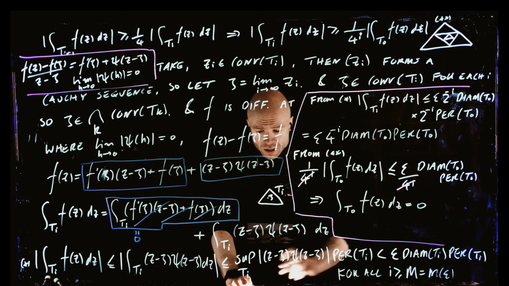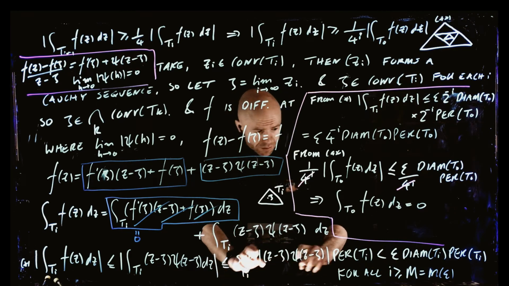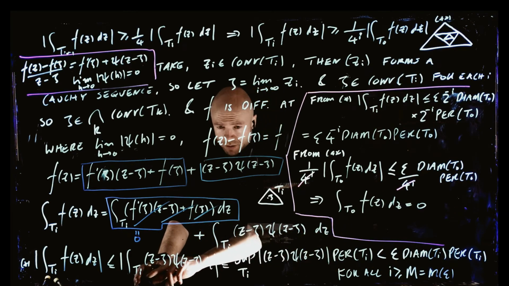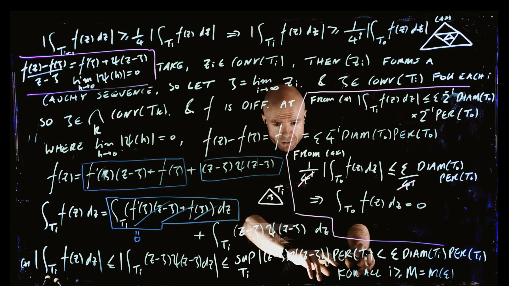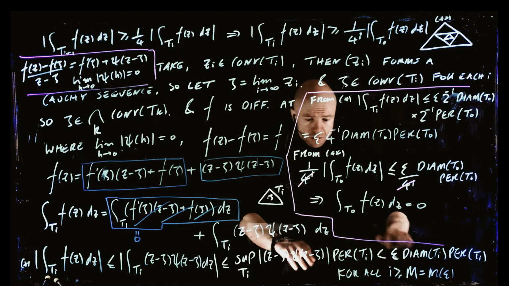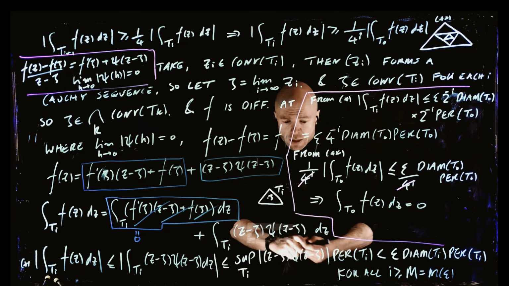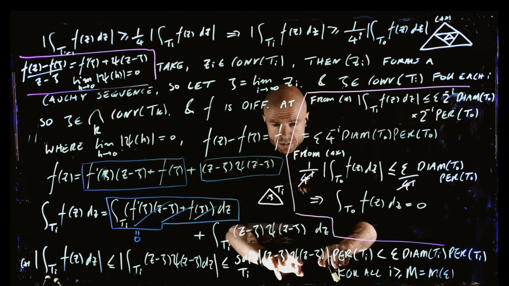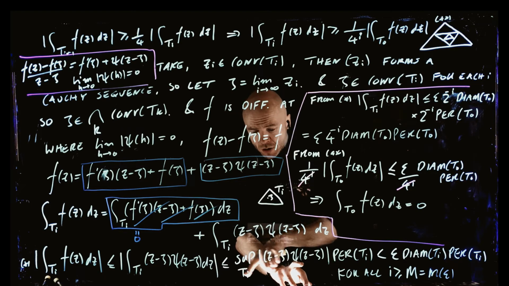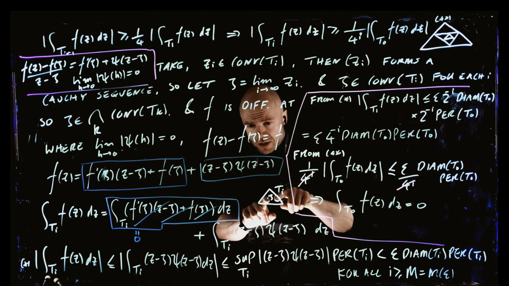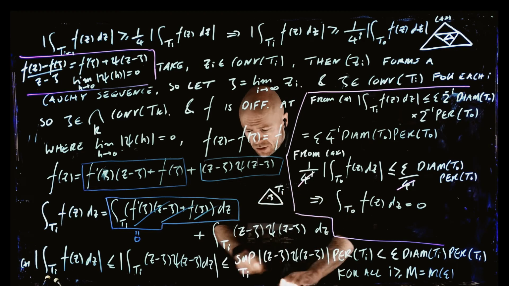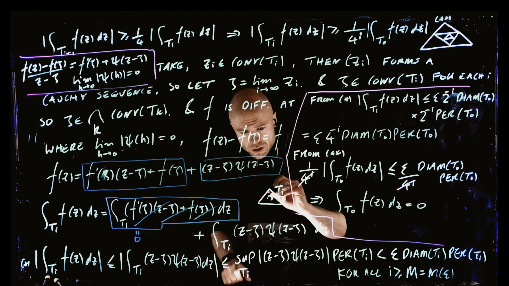As we go integrating around this thing, that's the perimeter. So we have the perimeter and the diameter from this part right here, and then this thing is, as z is on Ti and zeta is inside Ti, a very small distance right here.